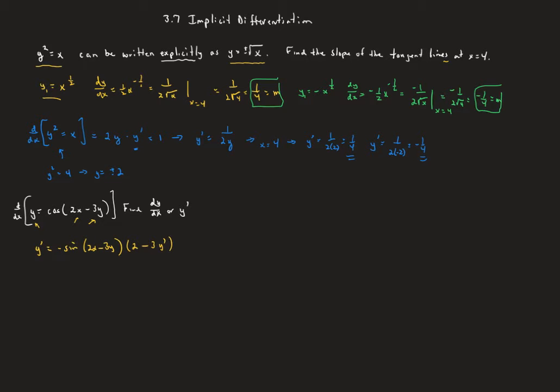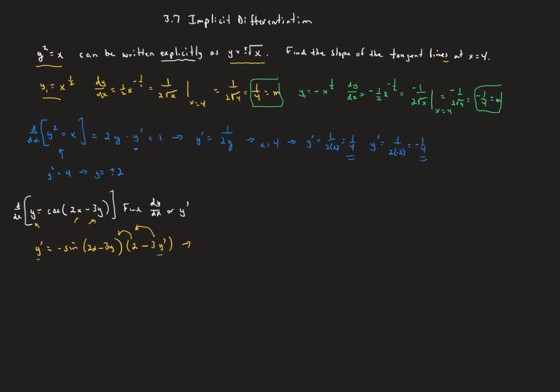Okay, now we see that there are y prime terms in two places, so we need to gather the y prime terms on one side of the equal sign and the non-y prime terms on the other. So first we're going to have to distribute these to separate out the 2 from the 3y prime.